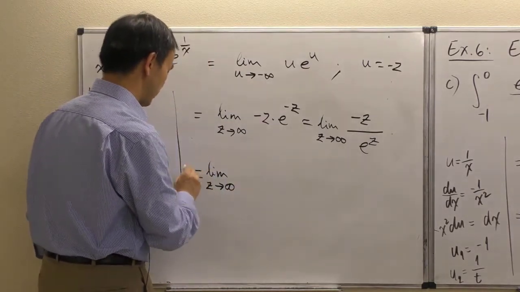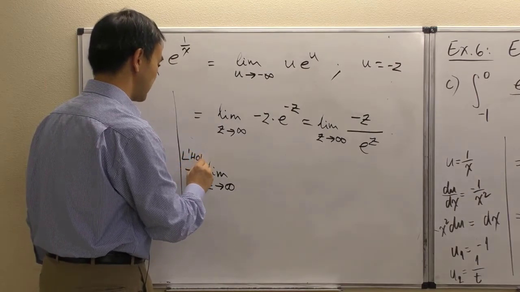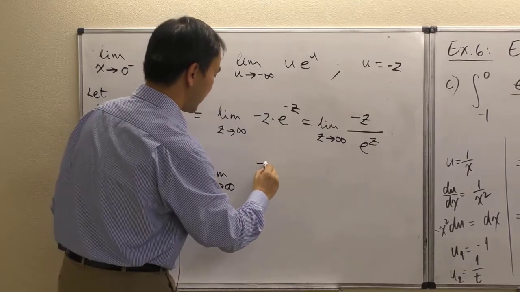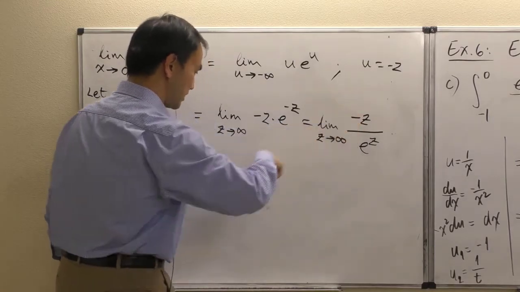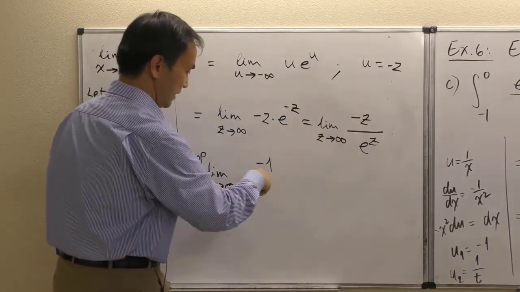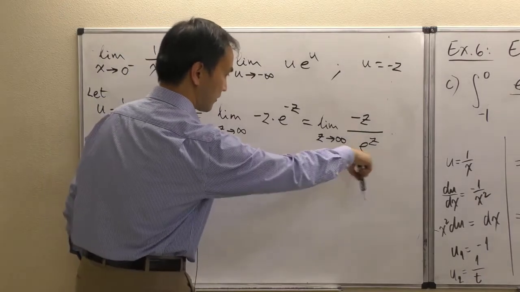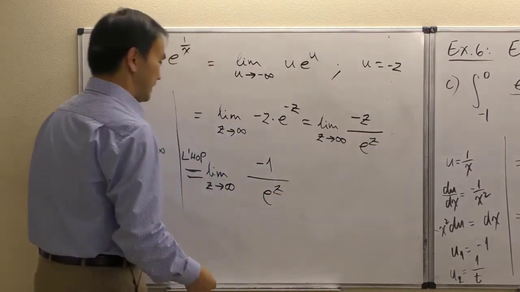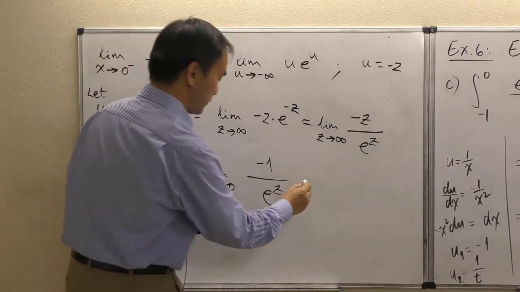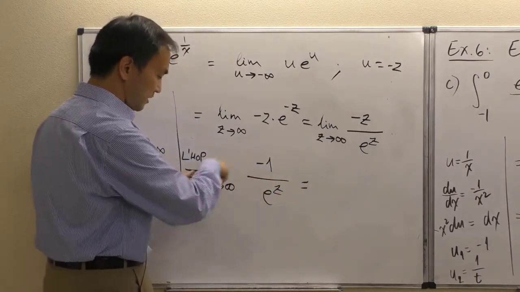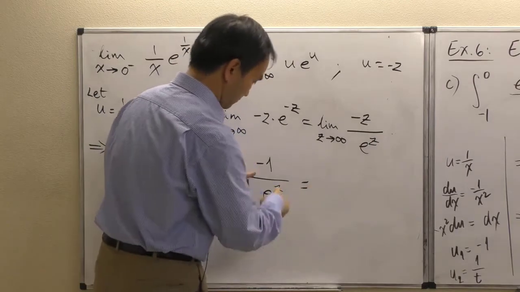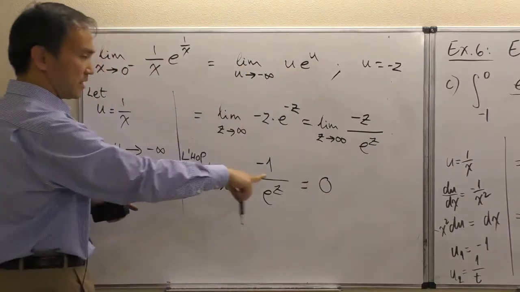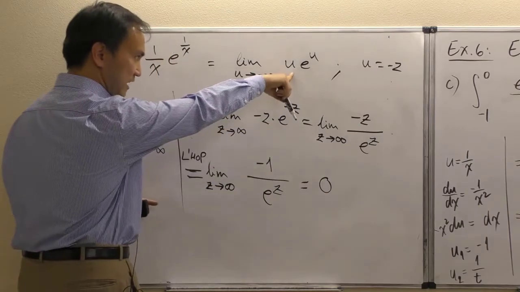According to L'Hopital's rule, this limit will equal the limit of negative 1 over e to the z, because the derivative of z with respect to z is negative 1, and the derivative of e to the z is e to the z. With this final limit, it is clearly going to 0. So that limit goes to 0.